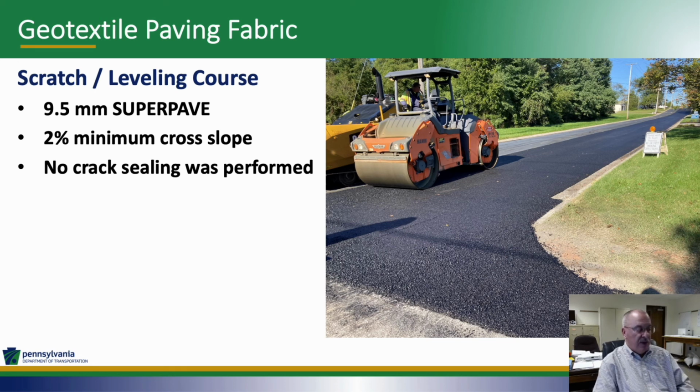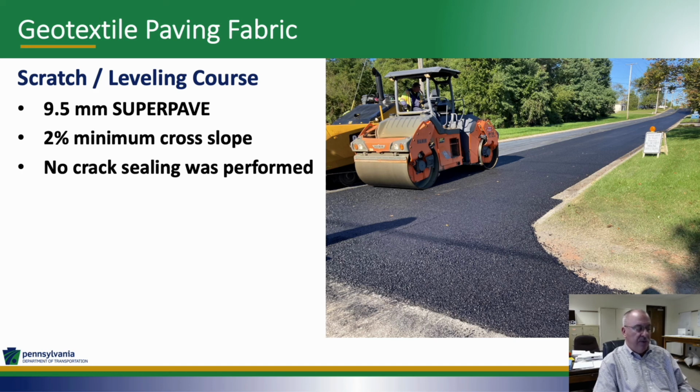This scratch and leveling course portion of the project, the contractor was required to place 9.5 millimeter Superpave material and to provide a minimum 2% cross slope before placing the fabric. Surface preparation involved making sure that the road is dry and clean of dirt and oil.